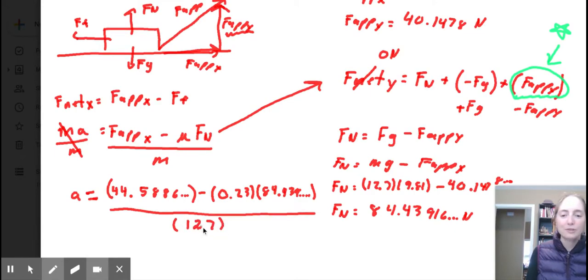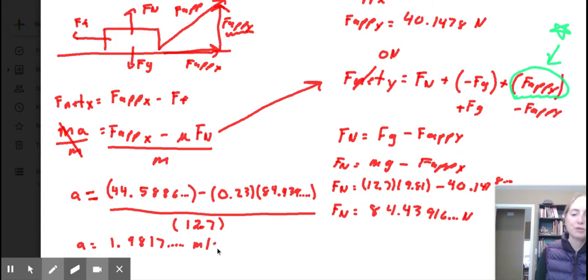Okay, I am then going to divide the whole lot by my mass, which is 12.7 kilograms. And very carefully making sure everything goes properly into my calculator, we're going to wind up with an acceleration of 1.9817... meters per second squared. Okay, I want sig digs, units, direction.